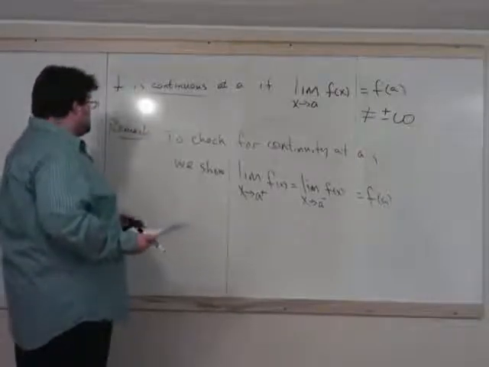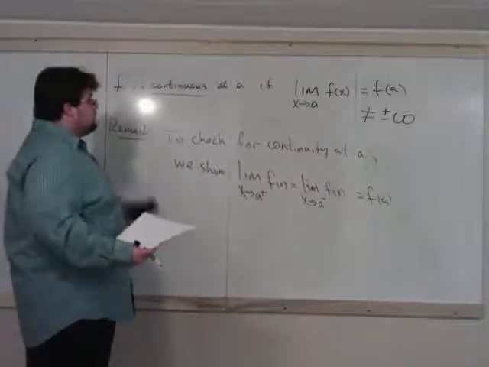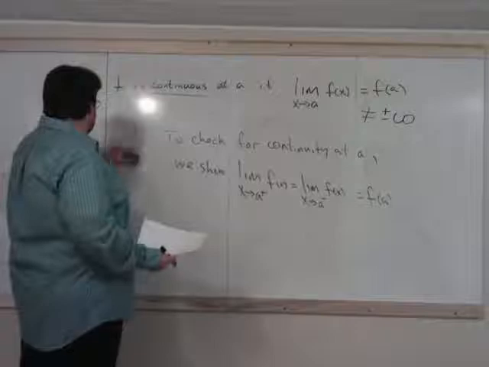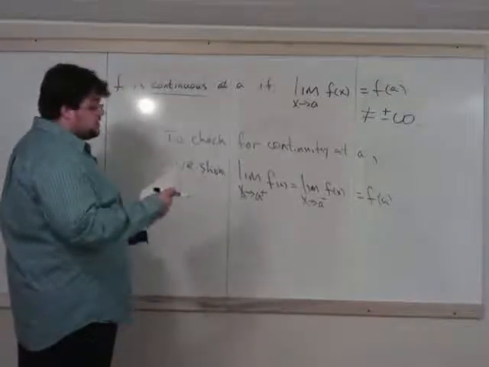Now, to understand that a little more, let's look at a couple examples of functions that are not continuous at certain points. Let's look at one function that's not continuous at 3 points.